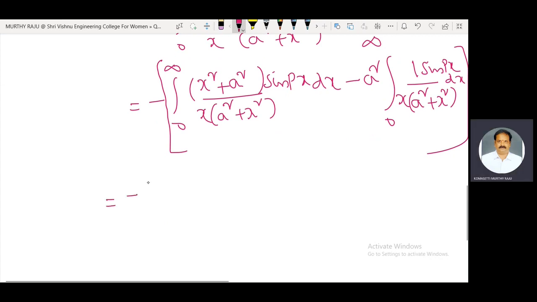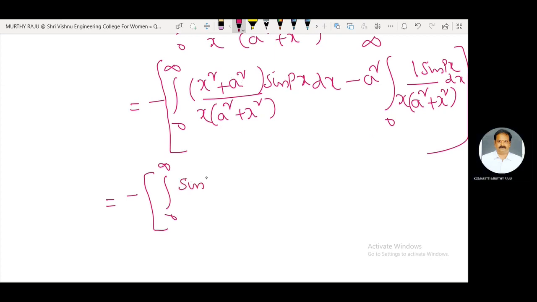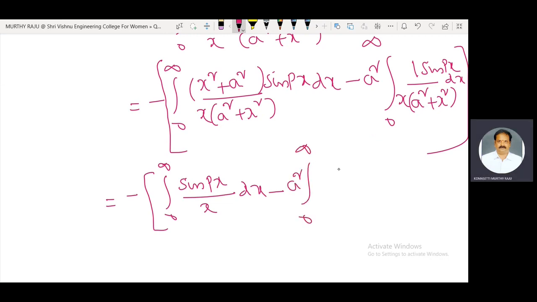That is equal to integral 0 to infinity x square plus a square cancels, therefore sin px by x dx, minus a square integral 0 to infinity sin px dx by x into a square plus x square.